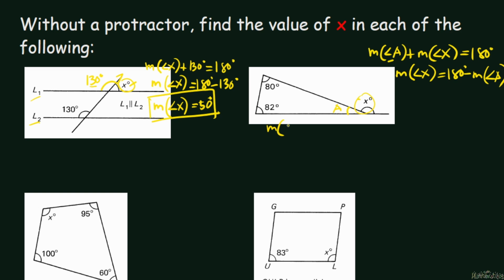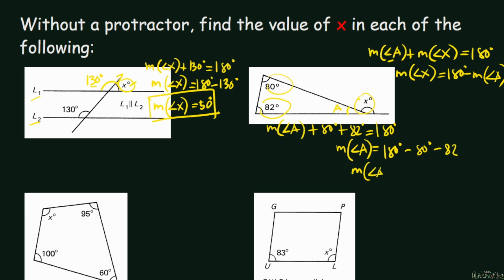So the measure of angle A plus 80 degrees plus 82 degrees is equal to 180 degrees. So from this, the measure of angle A is equal to 180 degrees minus 80 minus 82.